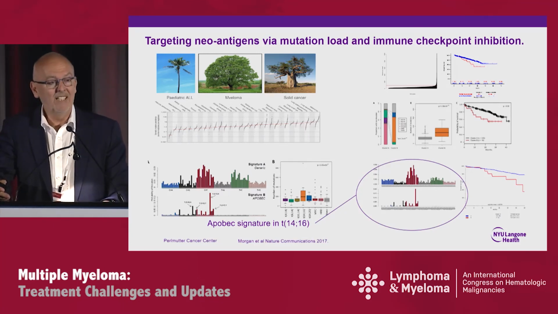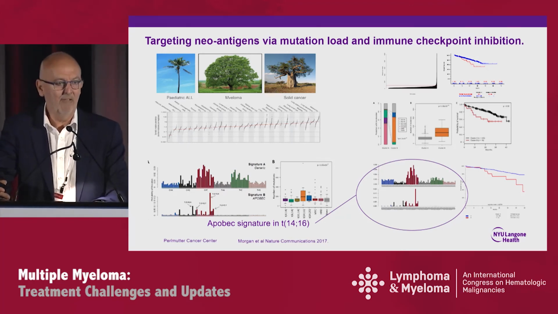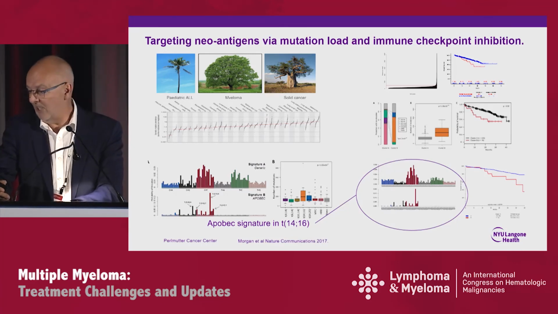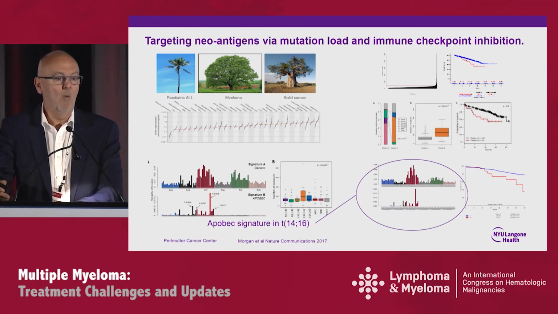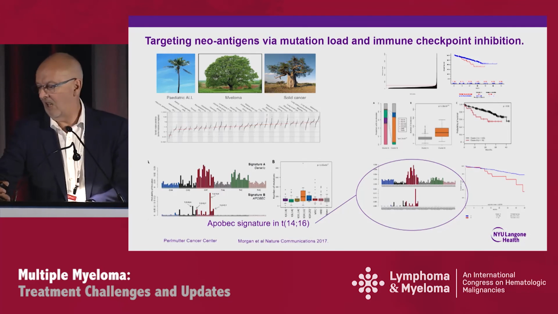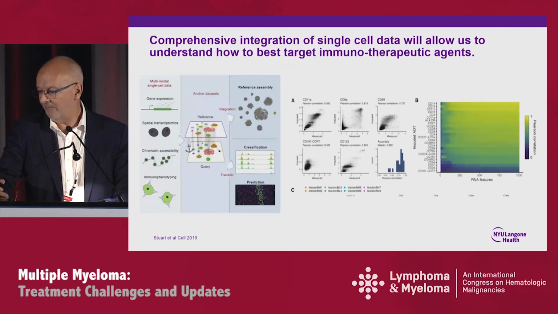And the question is, could you enhance the activity of checkpoint inhibitors by targeting them to cases with a high mutational load? And I think the argument is not well made that it would work, but as new drugs come along, like TIGIT and other checkpoint inhibitors, I think we might come back to this as a question.